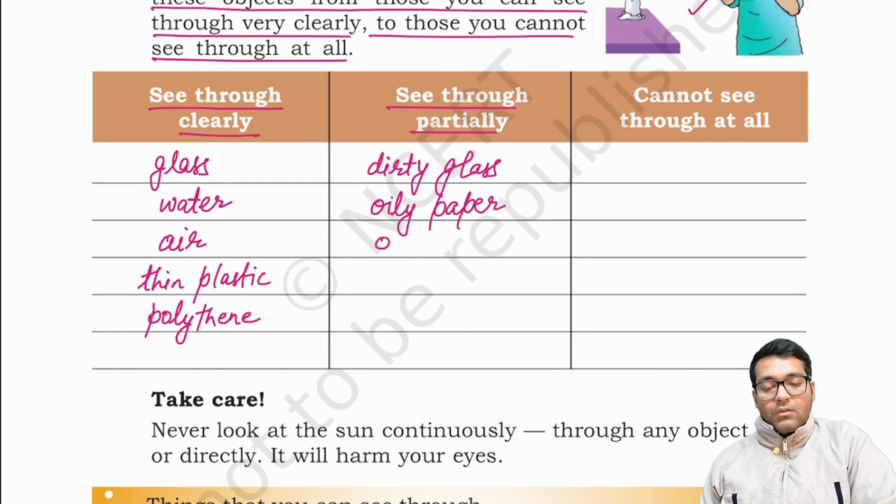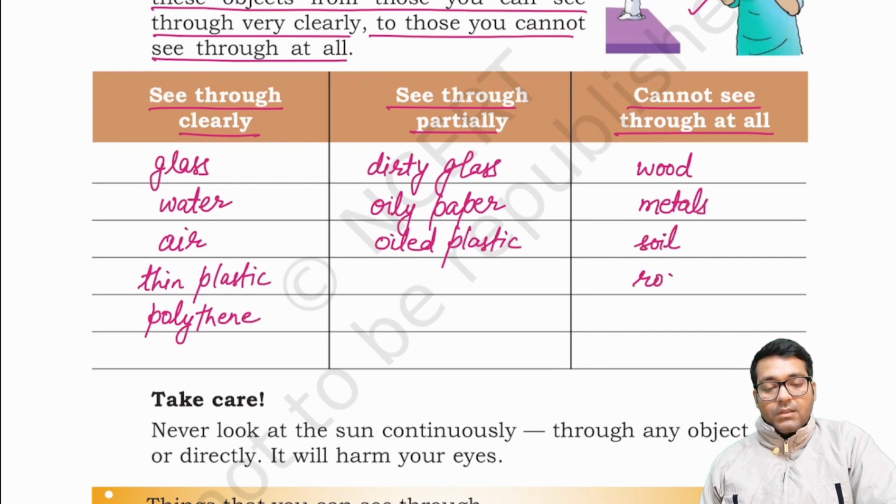Similarly, oiled plastic or polythene. Cannot see through at all, such as wood, any metal such as iron or aluminium, or soil, rocks, etc.